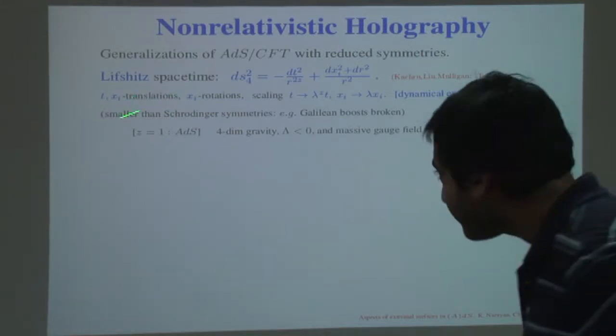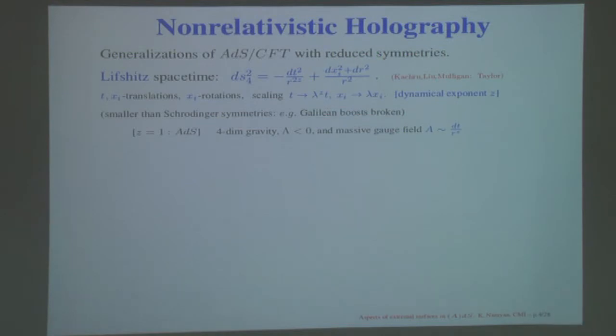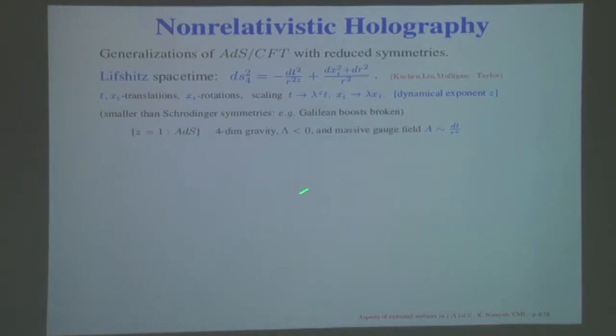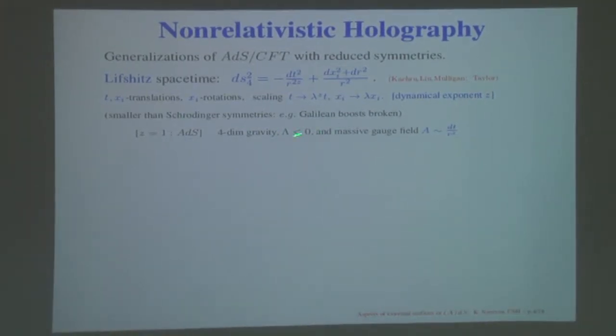There are time and space translations, spatial rotations over here, and a scaling of this kind, an anisotropic scaling between time and space. So if I scale spatial lengths by lambda, time scales by lambda to the z. The z is called the dynamical exponent. These are smaller than Schrodinger symmetries, the symmetries of the free Schrodinger equation. So for example, Galilean boosts are broken here.